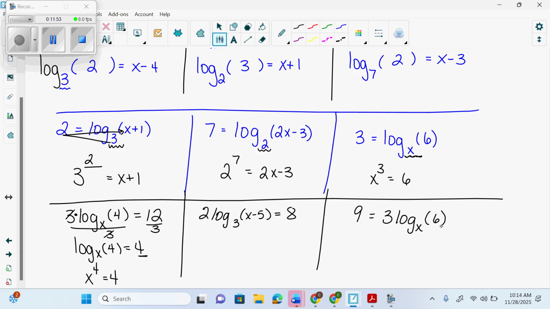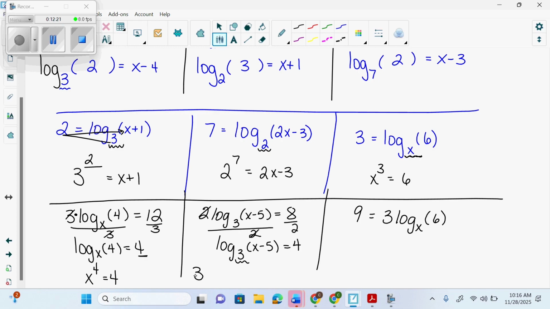Try those two out. What's the first thing I have to do? Divide by 2. I'm going to get log base 3 of x minus 5 equals 4. And now I have 3 pieces of information. I have the base, I have what's beside the log, and what it equals, correct? So the base of my log becomes the base of my exponent, so I get 3, and now I need an exponent.